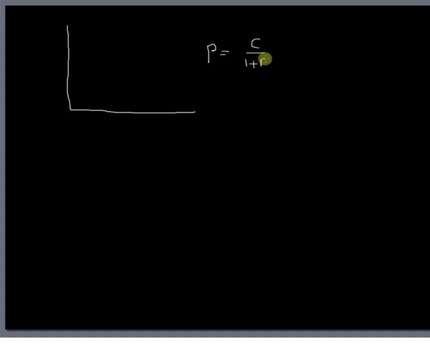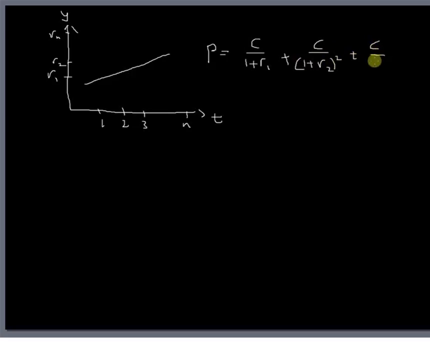C over 1 plus R1, plus C over 1 plus R2 squared, plus C over 1 plus R3 cubed, and so on, plus C over 1 plus Rn to the power of n. Here the horizontal axis is time, 1, 2, 3, and this is the interest rate. So this is R1, R2, Rn.